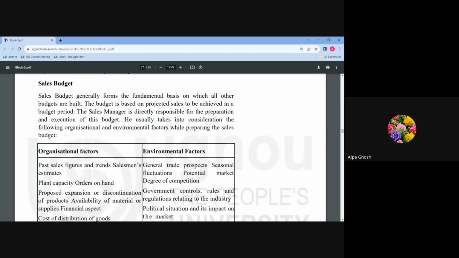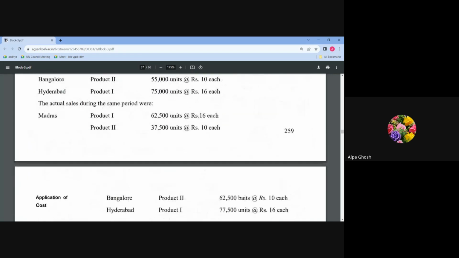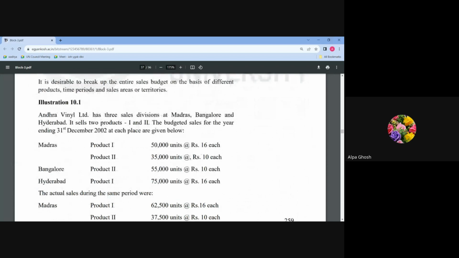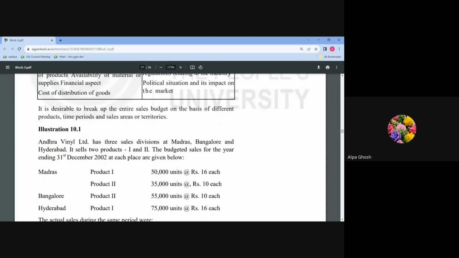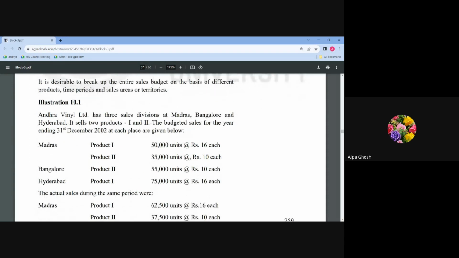So we have discussed all these budgets. Okay, now we will see one or two questions related to budget. What it is? There are three sales divisions.